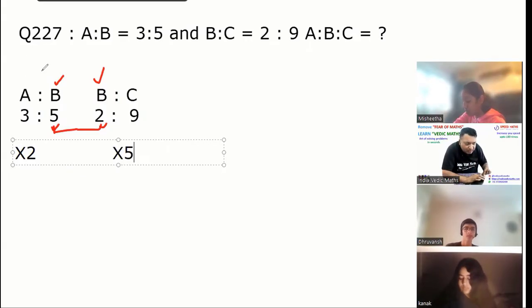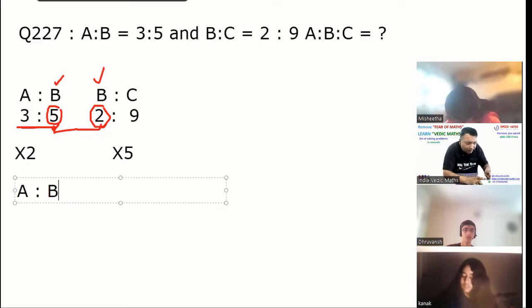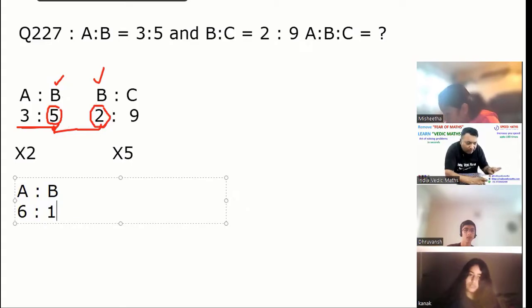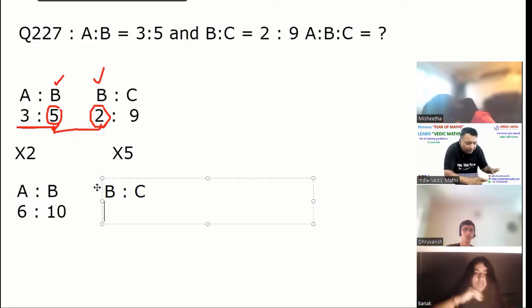The idea is to make this value and this value equal. That is the concept. You multiply the full first ratio with 2. So what does the first ratio become? 6 is to 10. Tell me, what does your second ratio become when you multiply with 5? 10 and 45. Perfect.